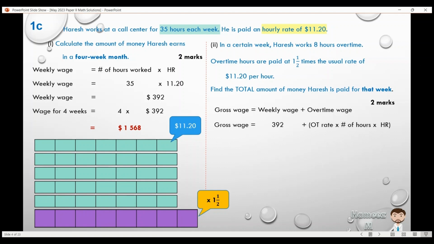And how much money did he earn for the purple amount? Well, that would be 8 hours at 1.5 times the rate, because it's not the 8 normal hours. We have an overtime rate at $11.20, and you can write that in any order. So using our calculators, that works out to be 392 plus $134.40. So our gross wage for that particular week where he worked 8 hours overtime is $526.40.